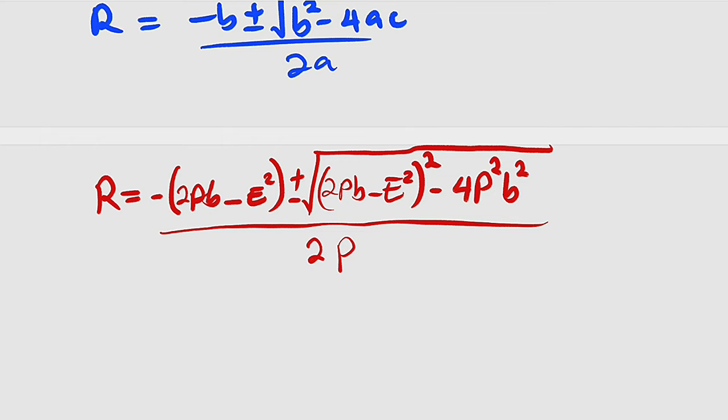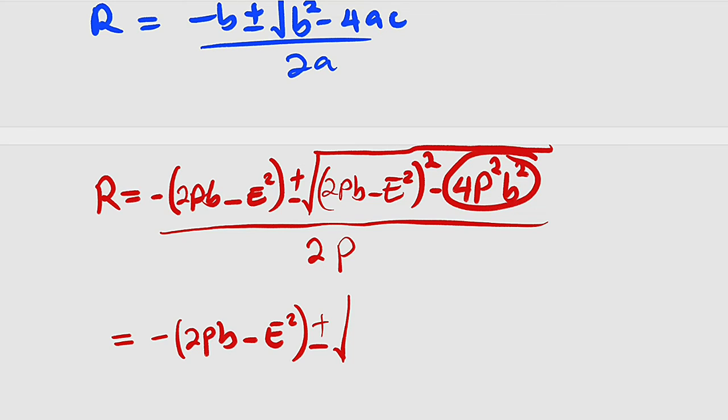But notwithstanding, I can further break it down because I can see difference of two squares here. So we have R equal to minus (2PB minus E squared) plus or minus the square root of... Can you see that this is nothing but (2PB) all squared?